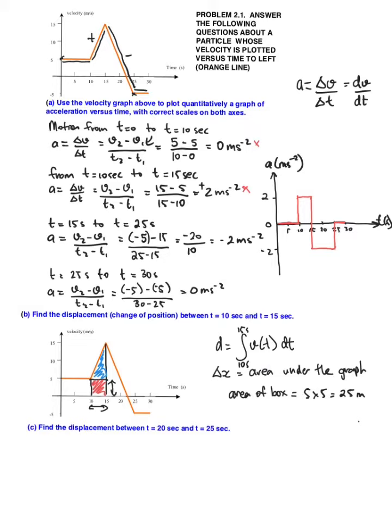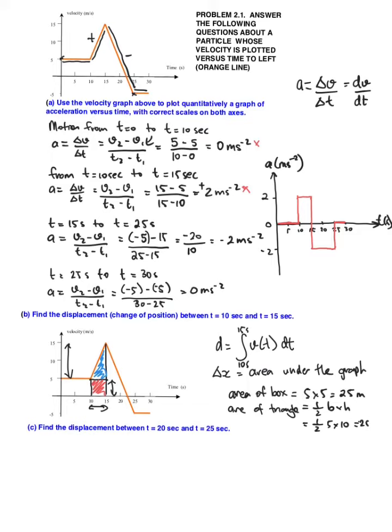Okay, so now we find the area of the triangle. That's going to be half base times height. The base is 5. The height, you can see, is 10.